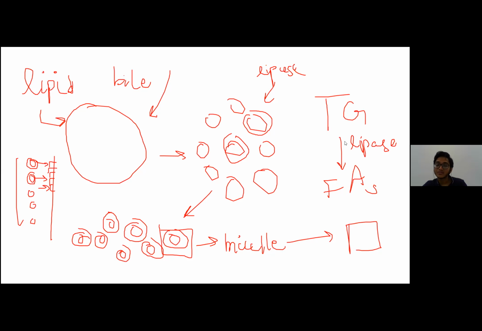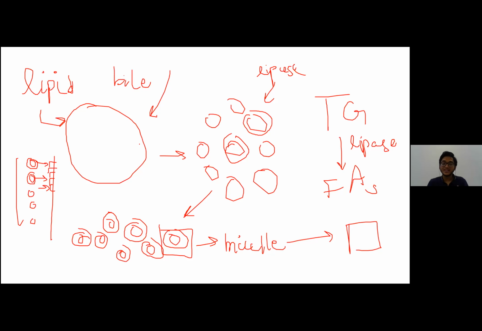I mean, before the bile surrounds the lipid droplets or after? After, yeah. So let's say you have this big droplet of lipid in the stomach. The stomach contracts, it pushes this big droplet into the duodenum. This mechanical contraction of the stomach sort of breaks apart this big droplet into small pieces.